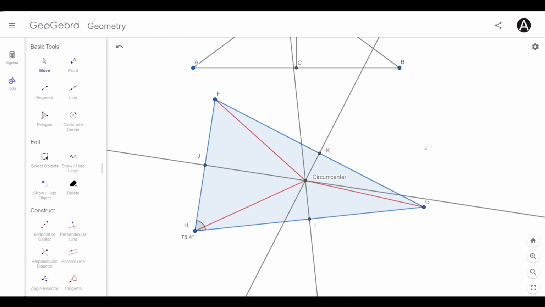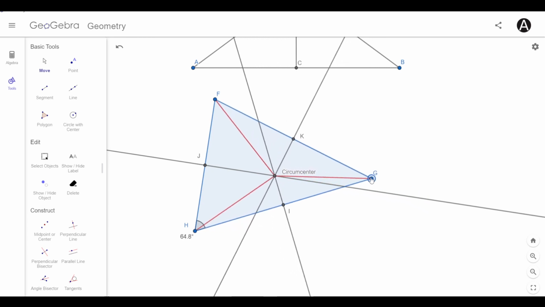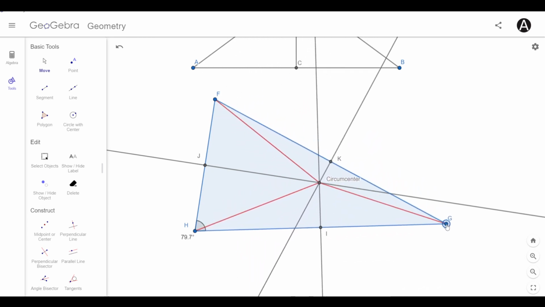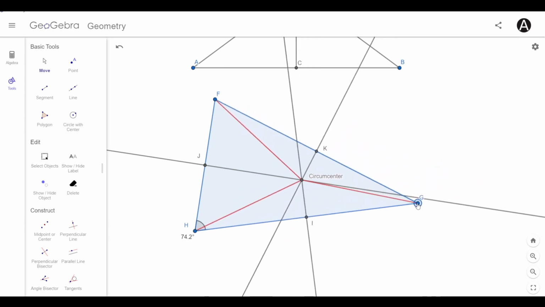Now, look at those 3 red lines. Are they just 3 red lines? Do they just connect the circumcenter to the vertex? What do you think might be true? And I can change the look of this thing right here. What do you think might be true about those 3 lines? Just a wild guess. Gideon?